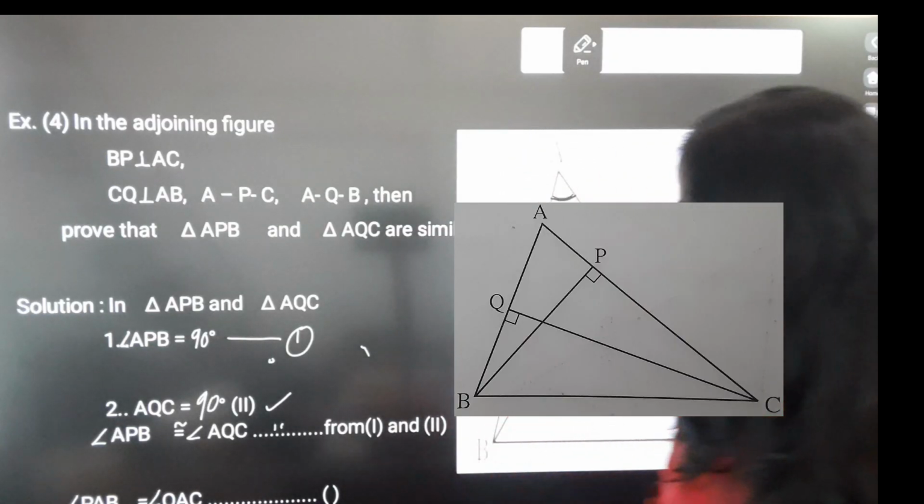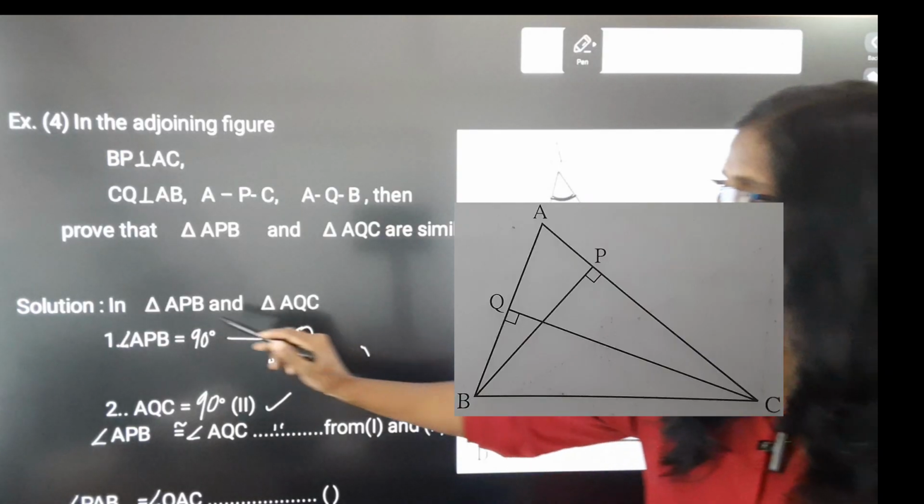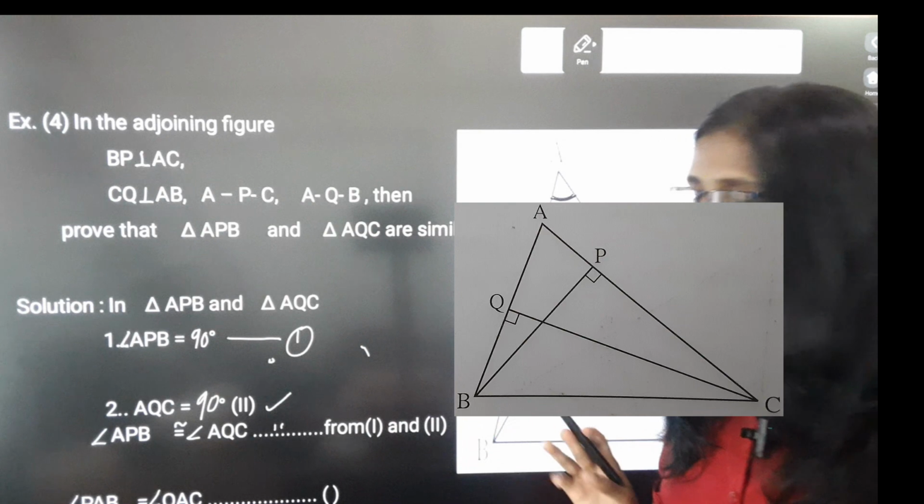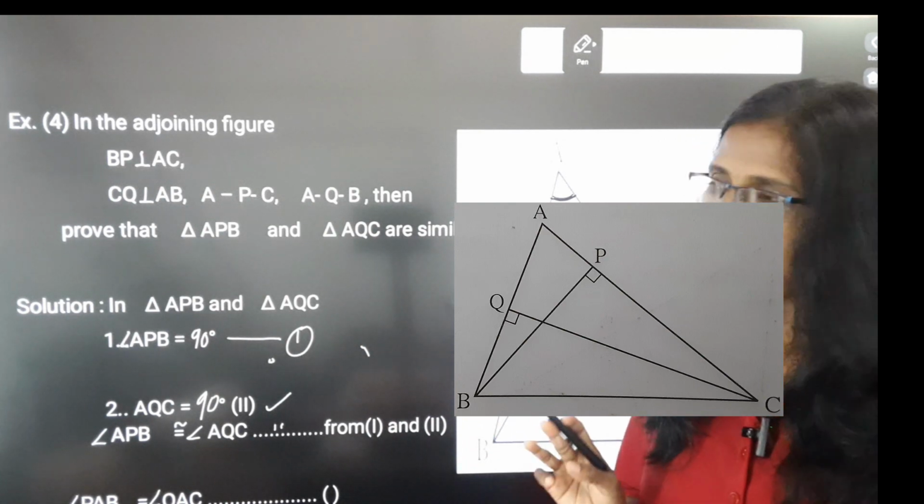So we can say triangle APB and triangle AQC are similar to each other by the AA test.